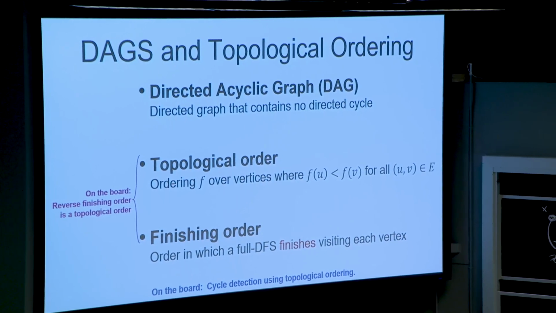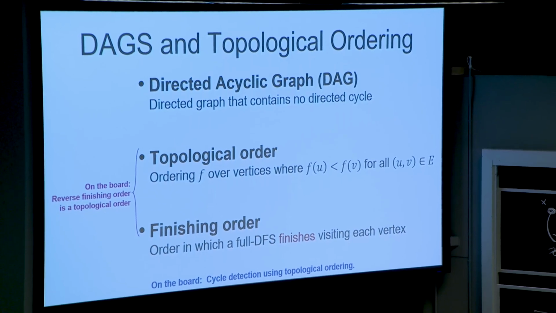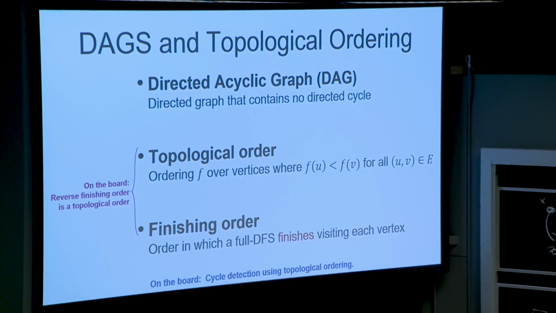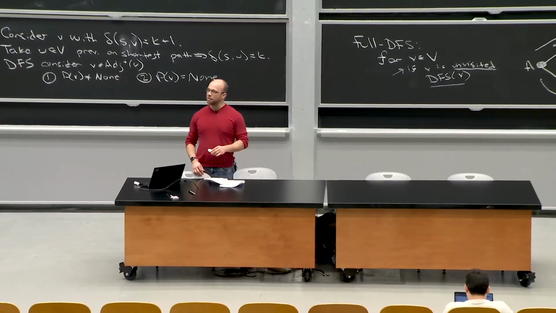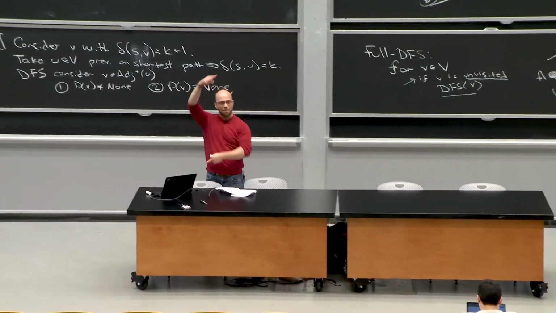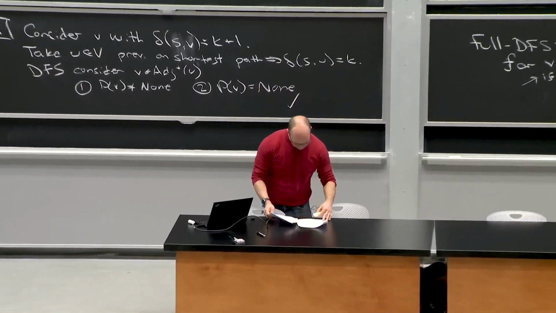That makes sense? It's a little bit backward from what we're used to thinking about. So it's the order in which full DFS finishes visiting each vertex. And now here's the claim: if we have a reverse finishing order, meaning that we take the finishing order and then flip it backward, that's exactly going to give us a topological ordering of the vertices in our graph.